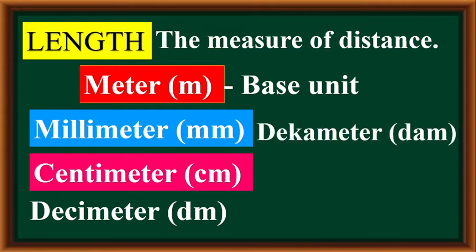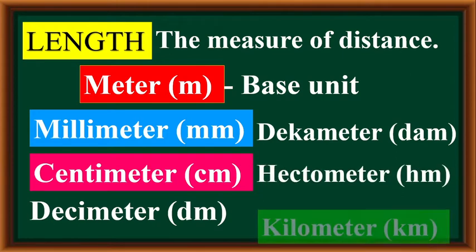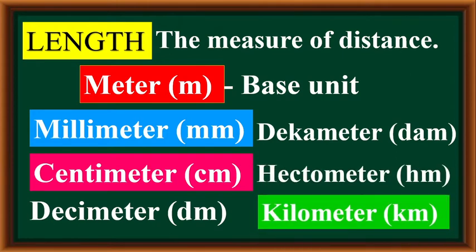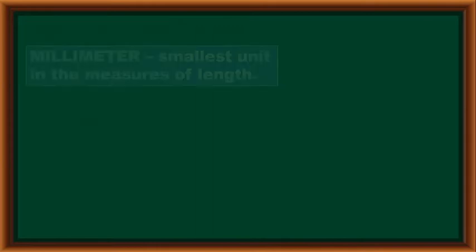We have also decameter, hectometer, and kilometer. Yung mga highlighted na units ang siyang pangkaraniwang ginagamit natin sa araw-araw na mga gawain natin. So we have millimeter, centimeter, and kilometer.